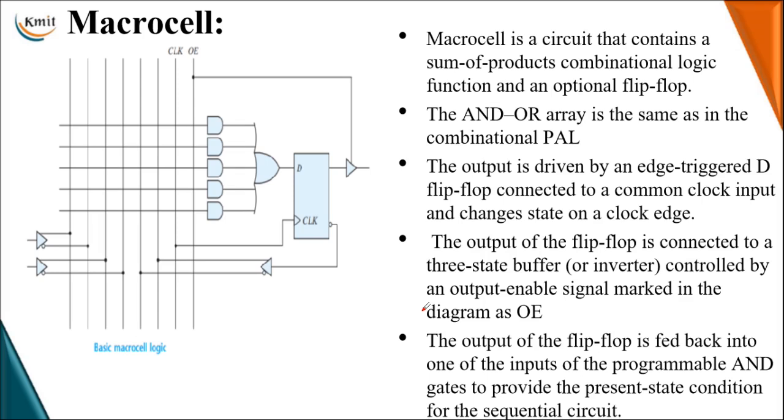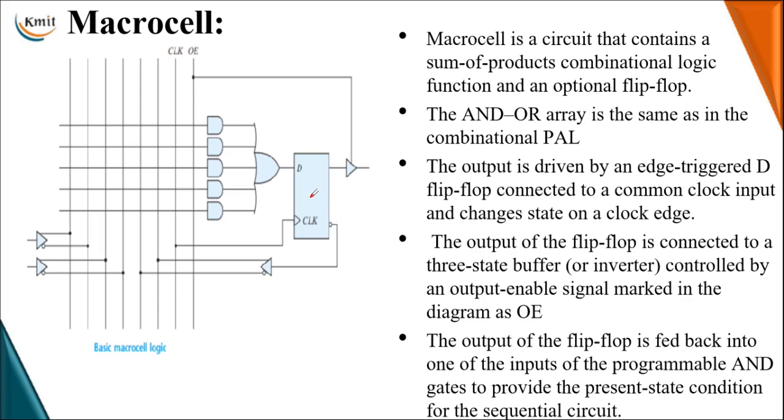Here we have the AND and OR array as in our PAL, where the AND gates are programmable and the OR gate is fixed, and the OR gate output is connected as an input to the D flip-flop, whose clock is edge triggered. We are using a positive edge triggered flip-flop, so on the rising edge of the clock signal it can change its state or its output.